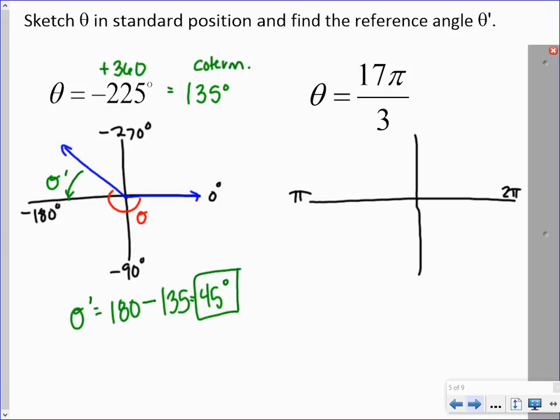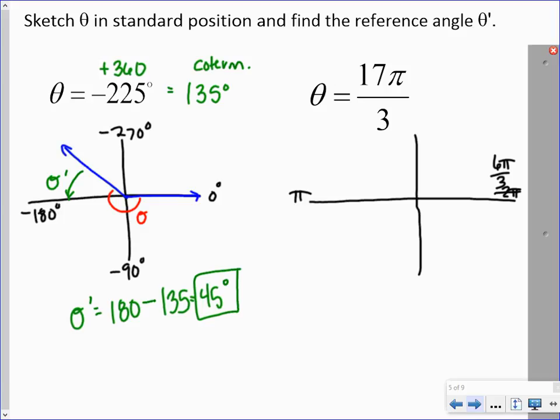And so then I try to figure out where that angle is in terms of pi and 2 pi. Well, 17 divided by 3 is much larger than 2. Okay. So if I think about 2 pi with a denominator of 3, that's really 6 pi over 3. That would be the same as 2 pi.